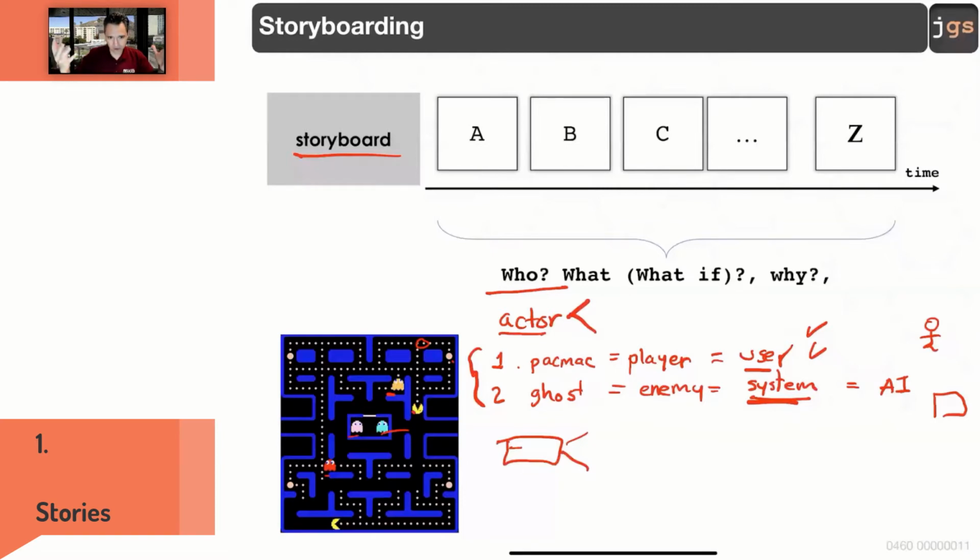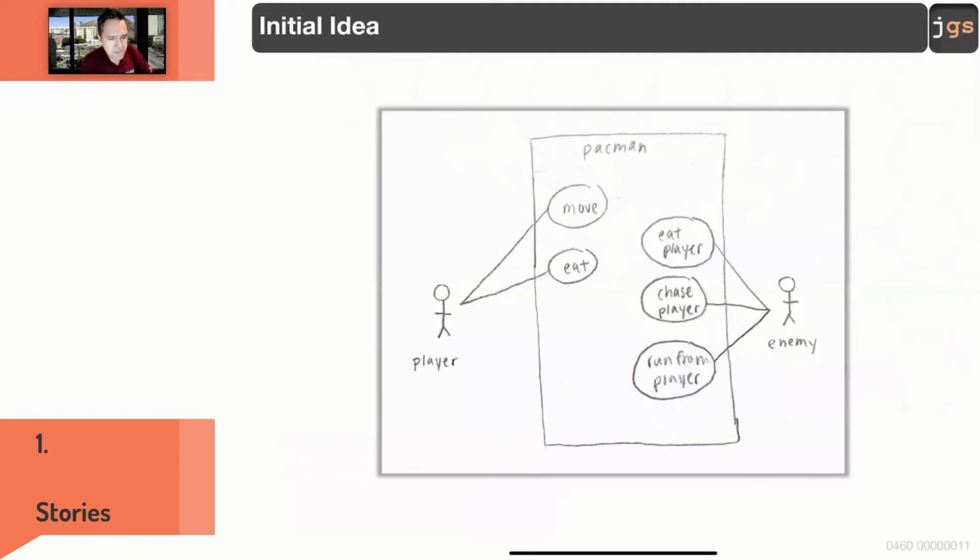Okay, we have the actors. After we have the actors, step number 2. Put your actors and think about which actions each of the actors is involved in. At this point, I am sure you remember the use case diagrams. The only reason the use case diagram exists is that for us, it's easier to think in a graphical way.